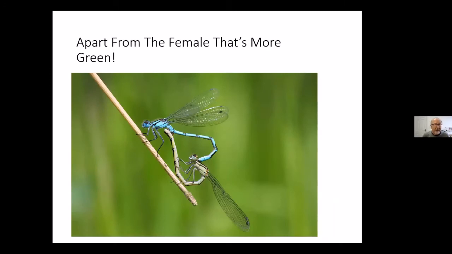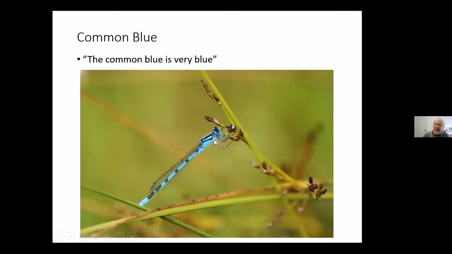Remember I said about the females being more washed out. There's the male on top. The male, when they're mating, is always on top. The female underneath, you can see, is sort of a greeny brown, but with exactly the same side markings. So if we go back up, here's the male.